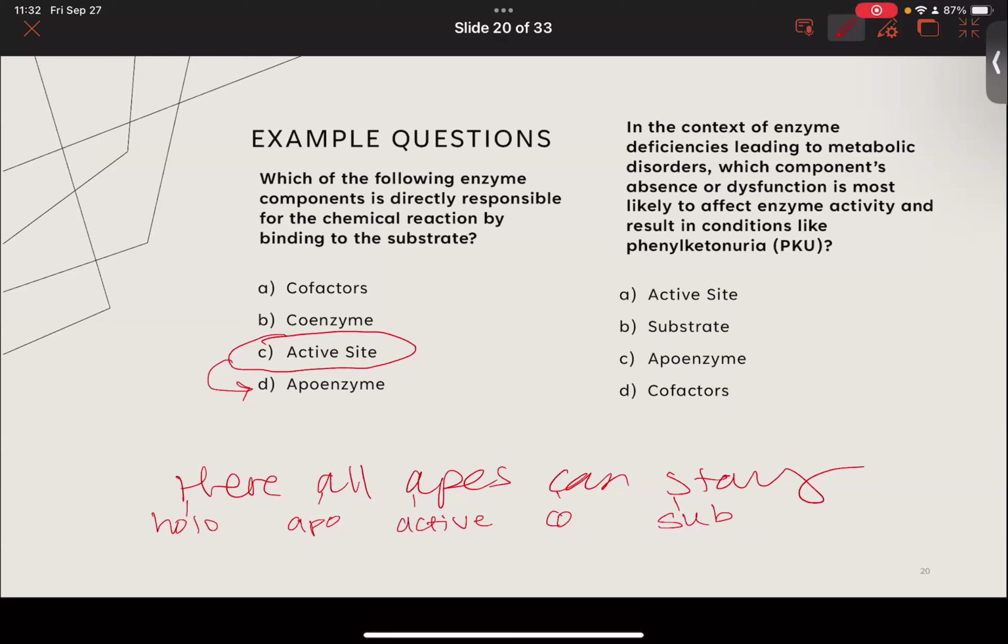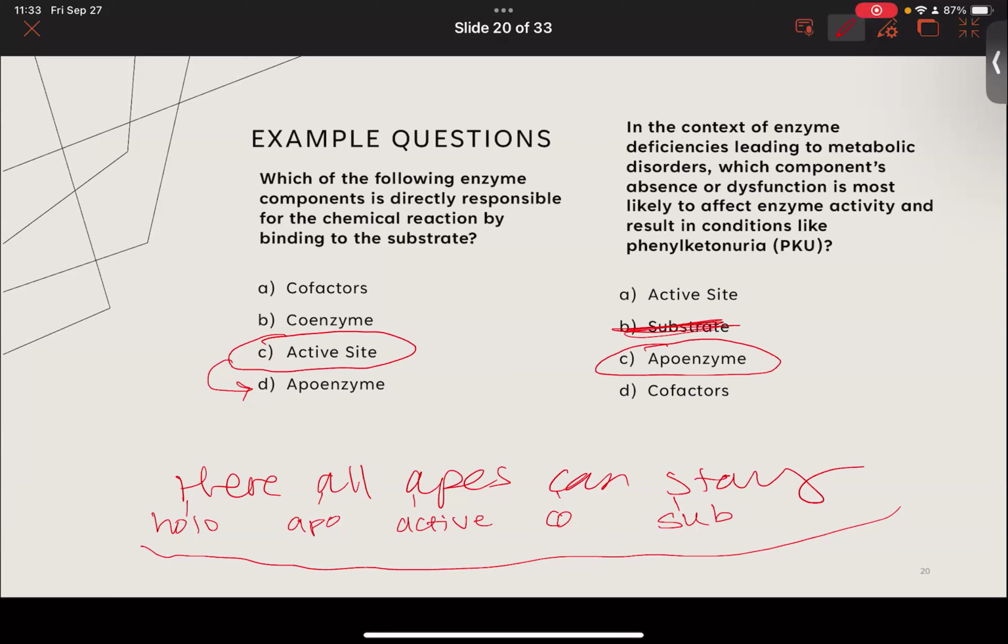Right. So in the context of enzyme deficiencies, which component is breaking down in this system? Which part is breaking down that's going to lead to our reduced enzyme activity? Could it be the active site? Then you would imagine that you would see almost none. The substrate itself isn't going to be affected, right? The substrate is the thing you're acting on. Your genes aren't affecting that. The apoenzyme is the part that's going to be doing the actual protein work. So yes, potentially this one.